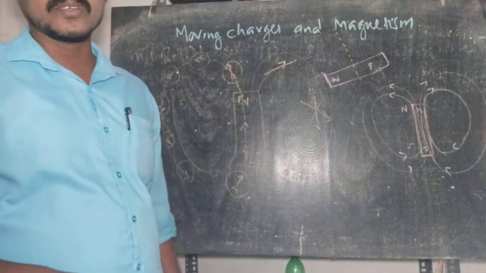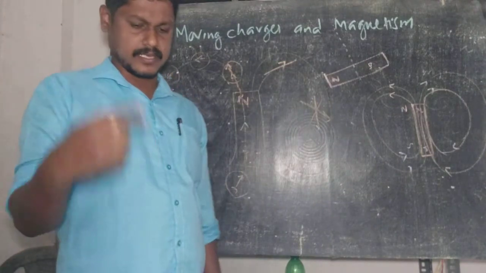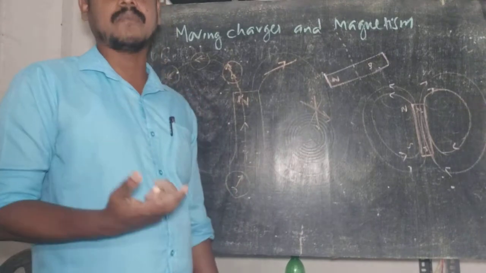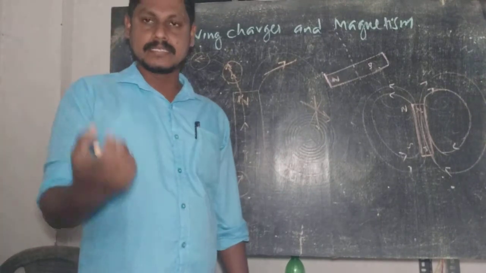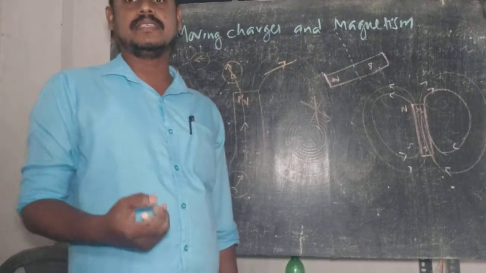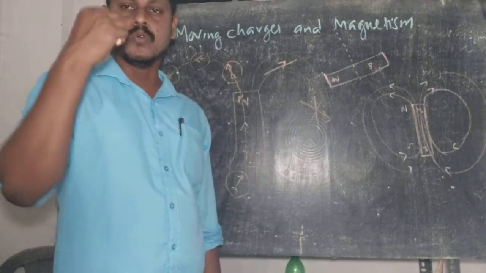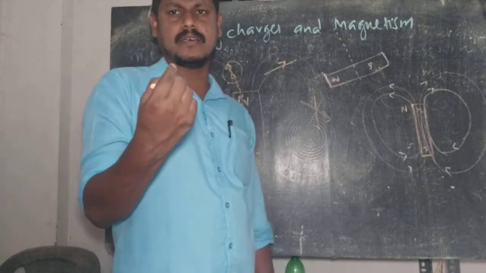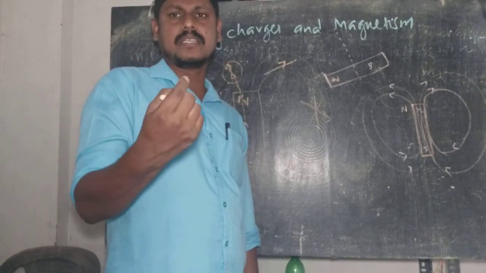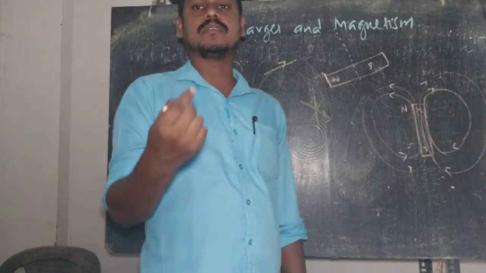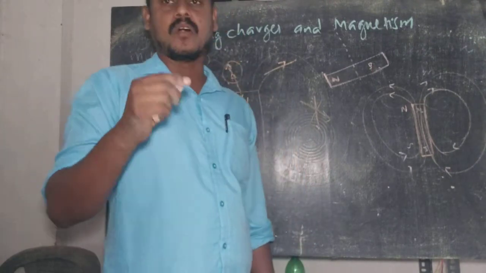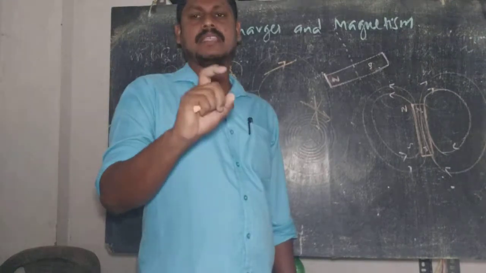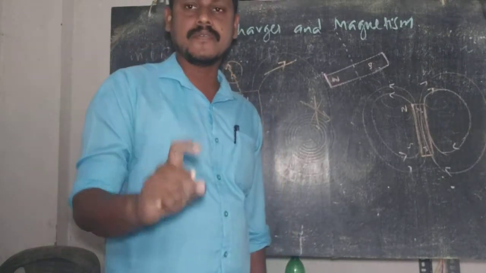Now we are switching to magnetism, how it is generated, what is the cause of magnetism. And it is very certain that electricity is the cause of magnetism, or moving charge is the cause of magnetism. Wherever there is a movement of electric charge, it will cause the magnetic property, or magnetism is generated by the movement of electric charges.